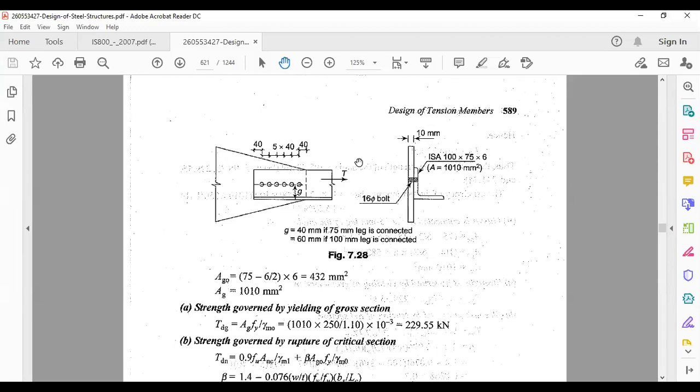So if I adopt a suitable diameter of bolt, the strength of a single bolt can be calculated. This T divided by the strength of a single bolt will tell you what number of bolts will be provided in the connection. Depending on that, the Lc can be determined.